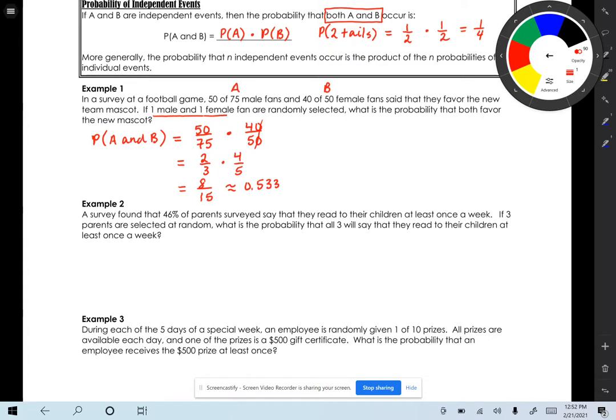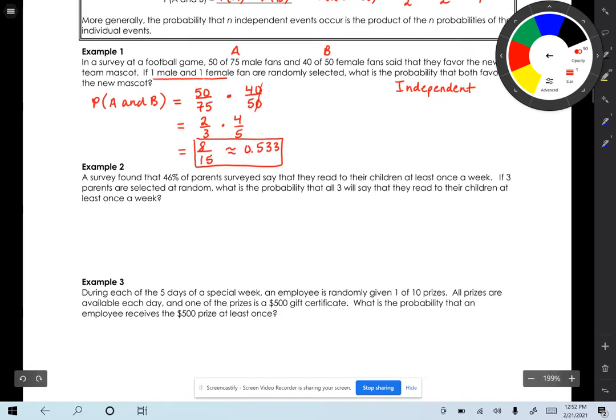And we use this formula because the events are independent. Choosing a male has no effect on choosing the female.